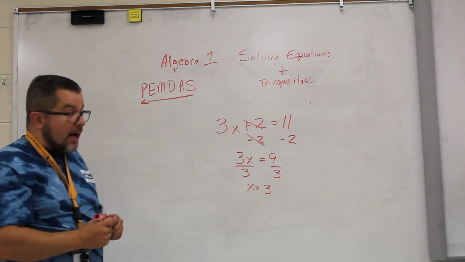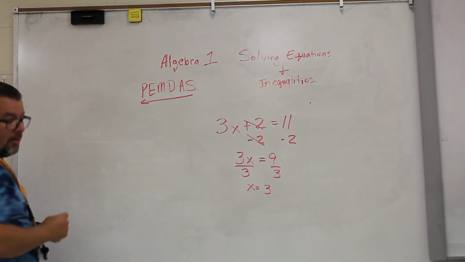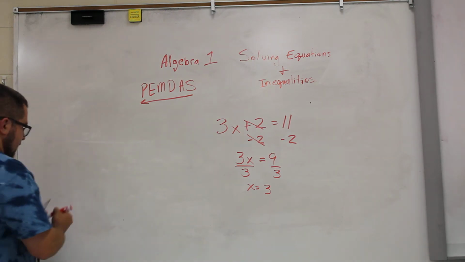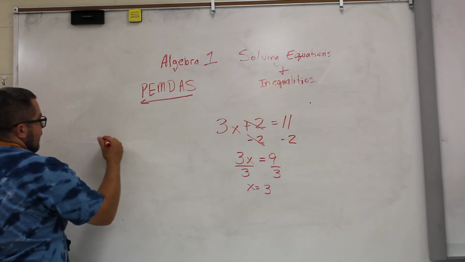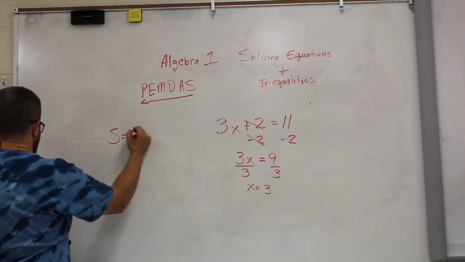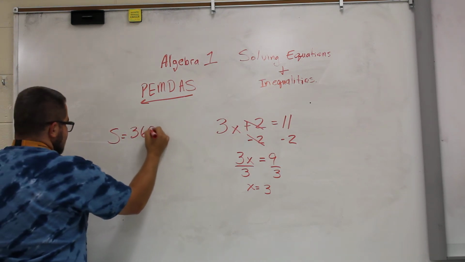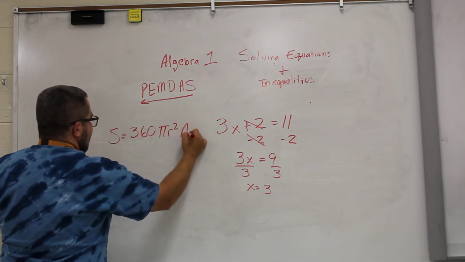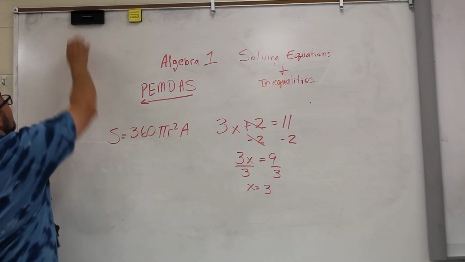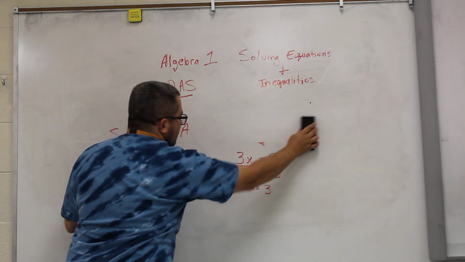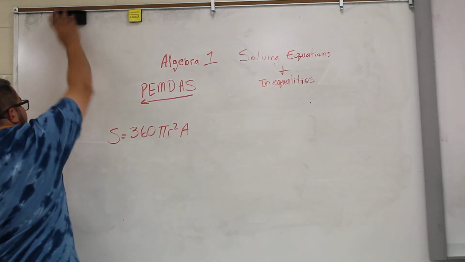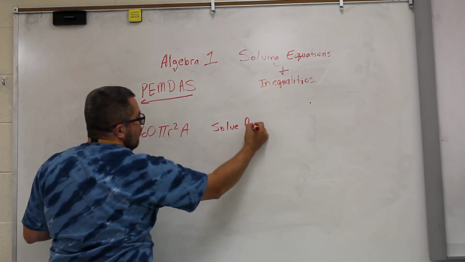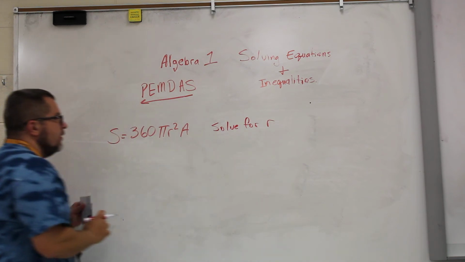And it doesn't matter how complicated our problems get. If we had a different problem that were, say, S is equal to 360 pi r squared A, and we want to solve this for r.